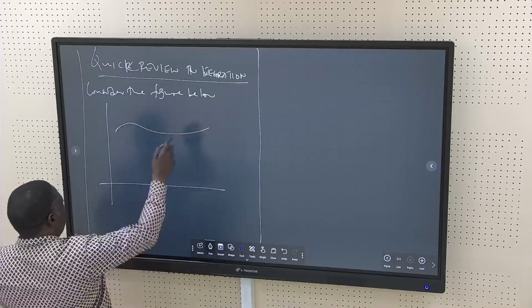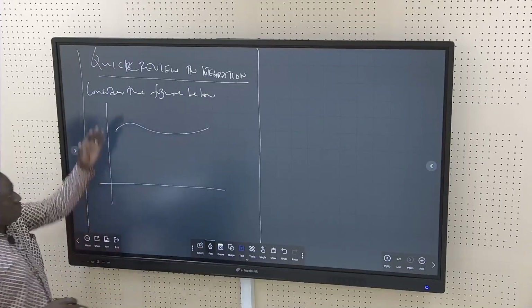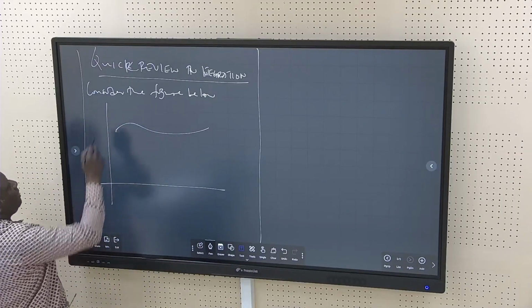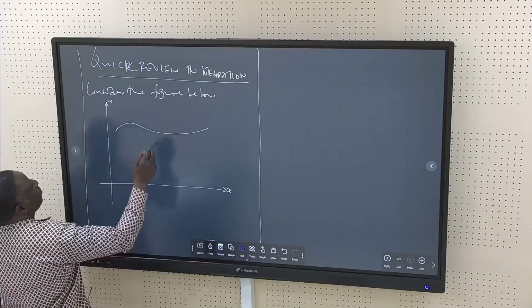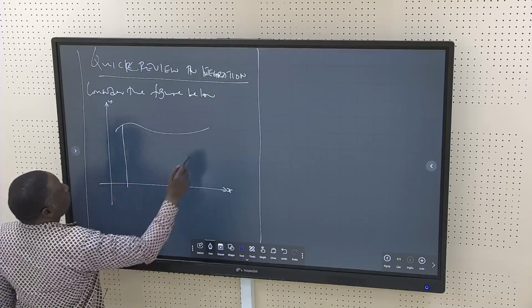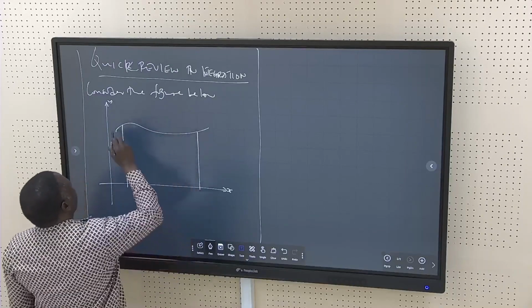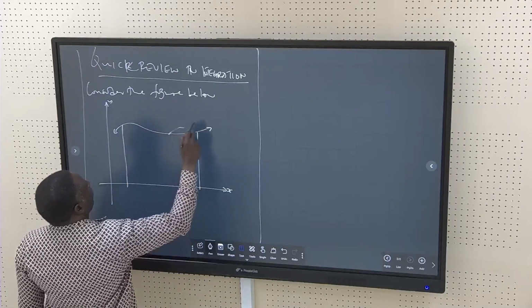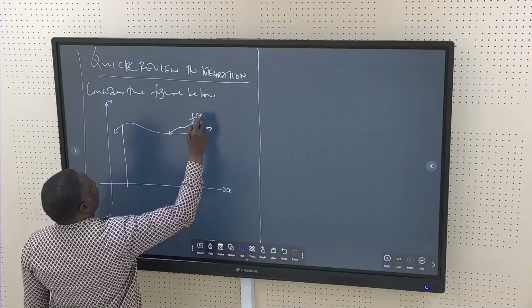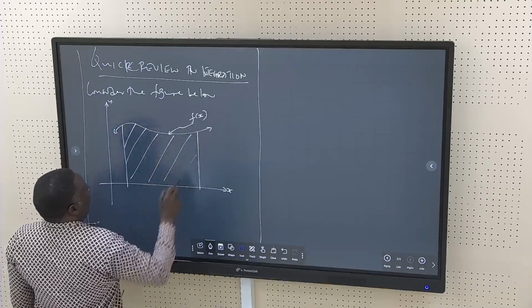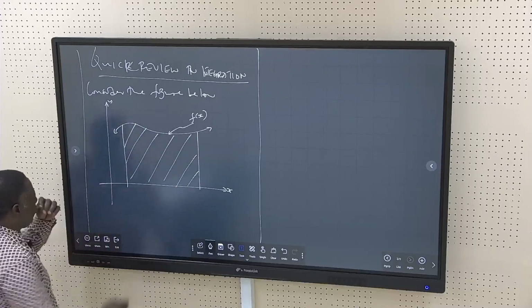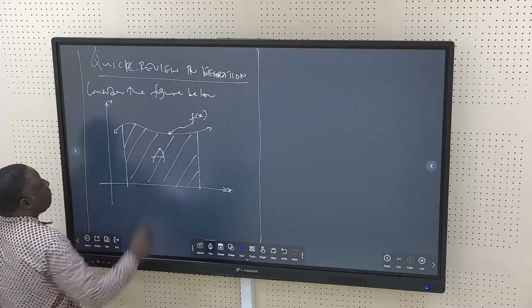Suppose we have this function f of x. This is y, this is x. We need to evaluate the area under the curve f of x.